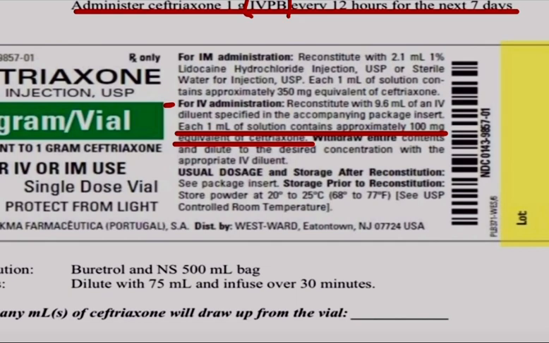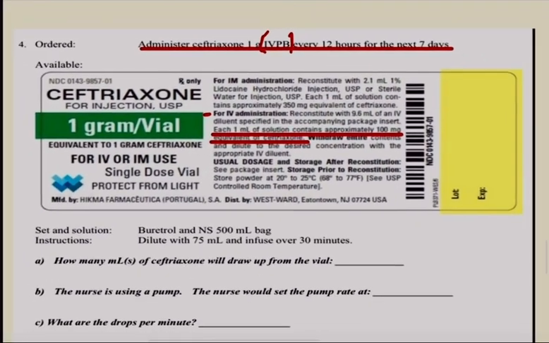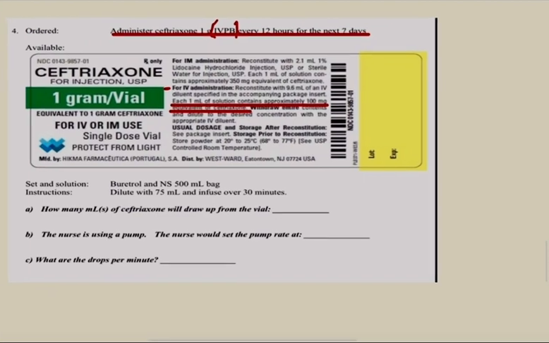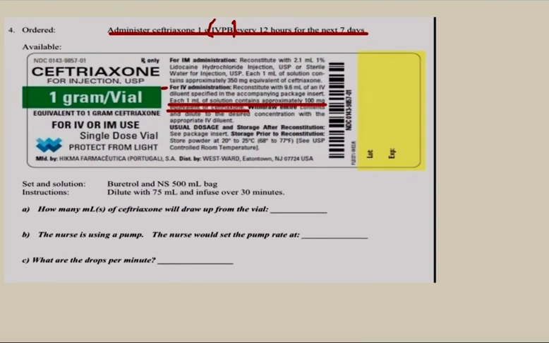So what we're going to do now is some little working out here, because we're going to say, okay, if 1 milliliter of IV solution is equal to 100 milligrams, then how much is 1 gram equal to in milliliters?